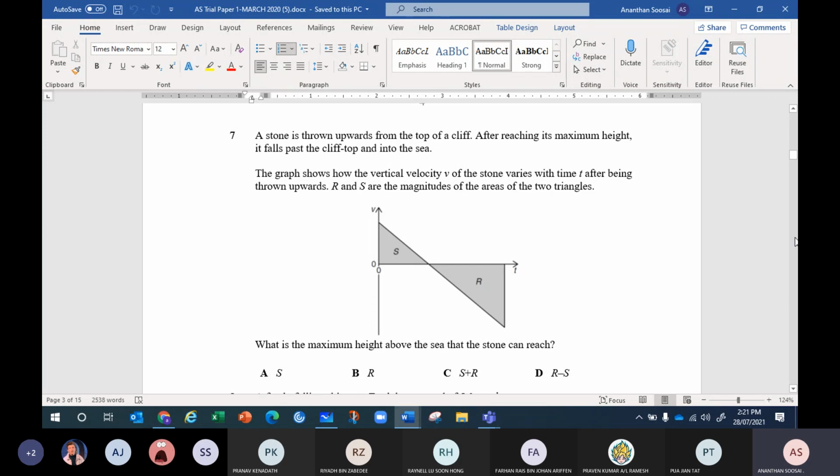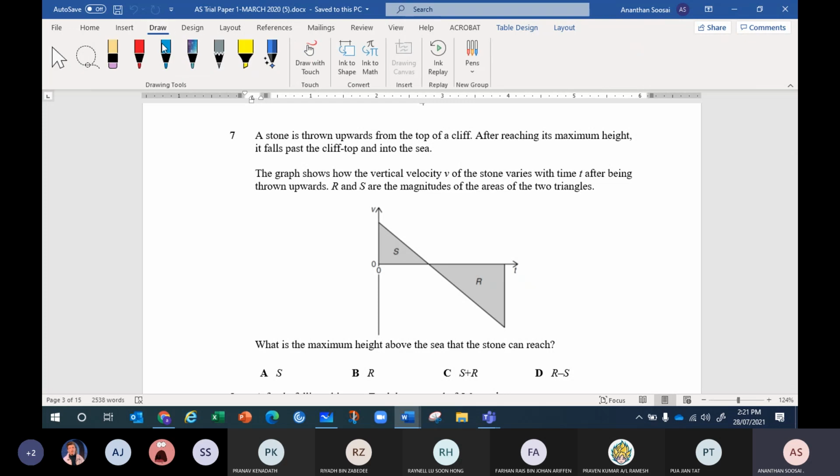Question 7. Kinematic graphs. A stone is thrown upwards from the top of a cliff. After reaching its maximum height, it falls past the cliff top and into the sea. So there is a cliff.